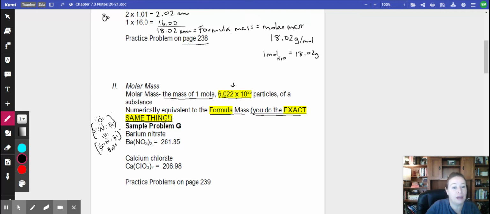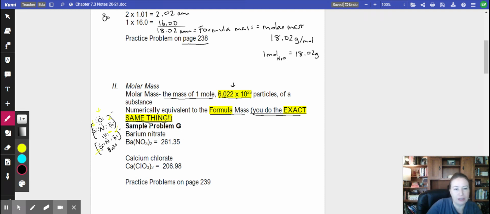So you're multiplying 2 and 3 to get 6, because there are 1, 2, 3, 4, 5, 6 oxygens in 2 nitrate molecules. So we have 6 oxygens, 2 nitrogens, and 1 barium.